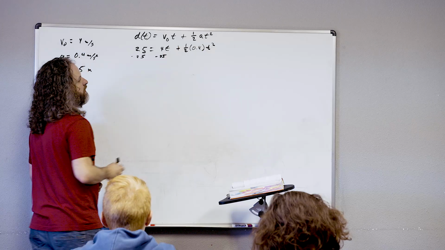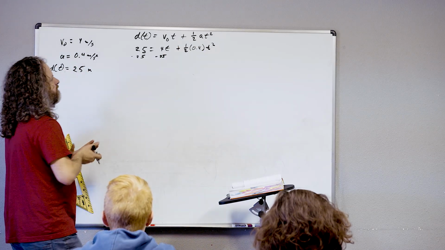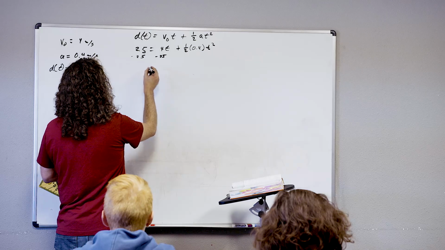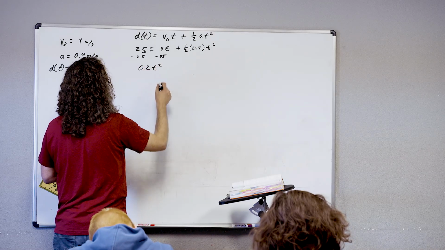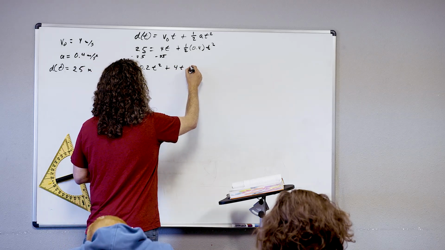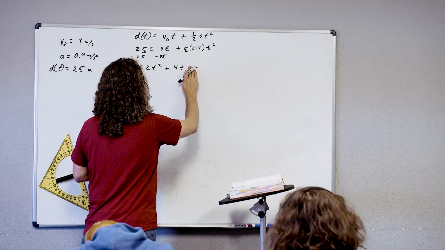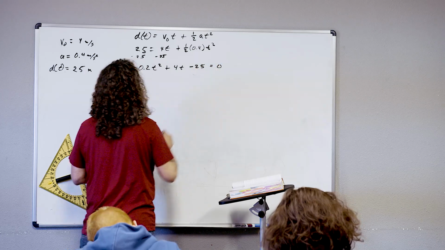So half of 0.4 is 0.2. Okay, so 0.2 t squared plus 4t minus 25 equals 0.